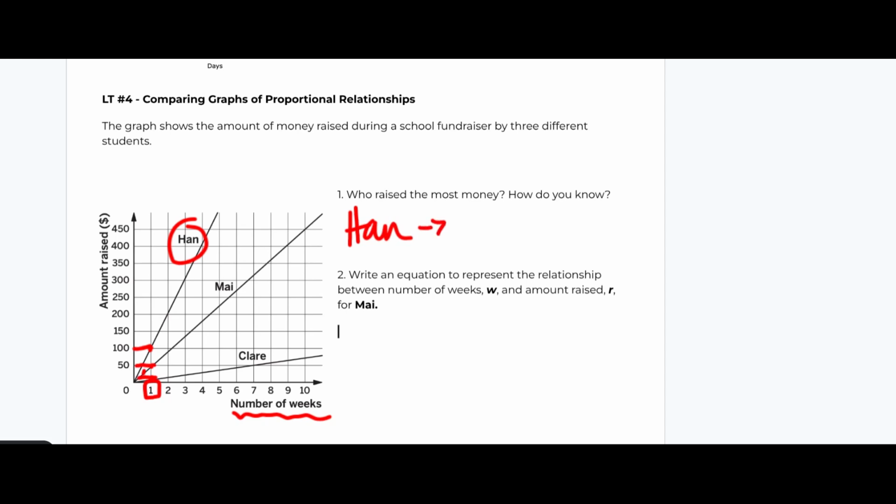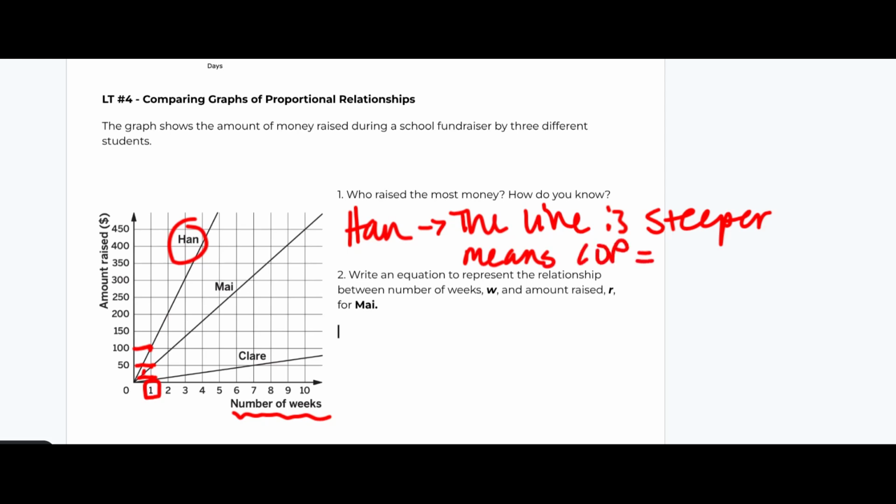You could either cite evidence that you know that at 1 week Han raised $100 and May and Claire had not raised $100, or you can say the line is steeper, so I know the constant, which means the COP is bigger, okay?